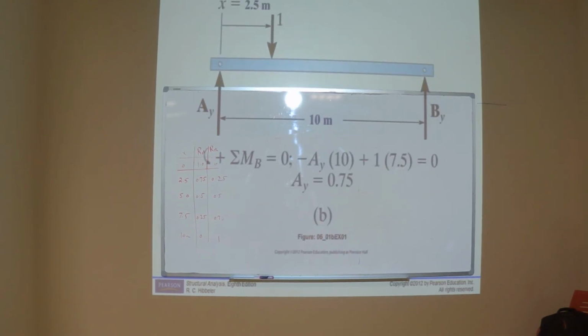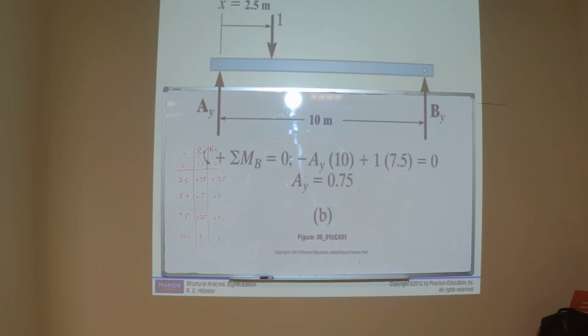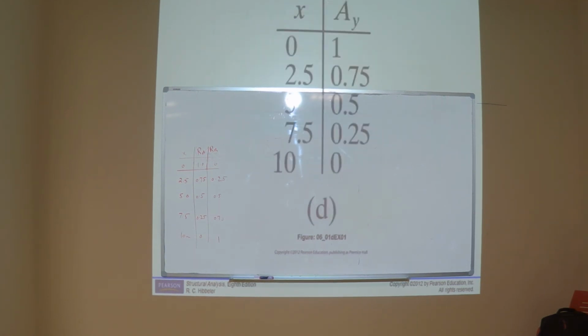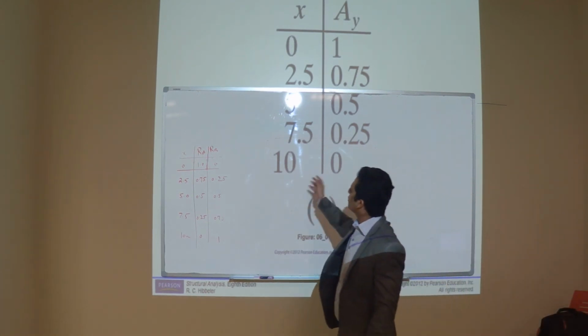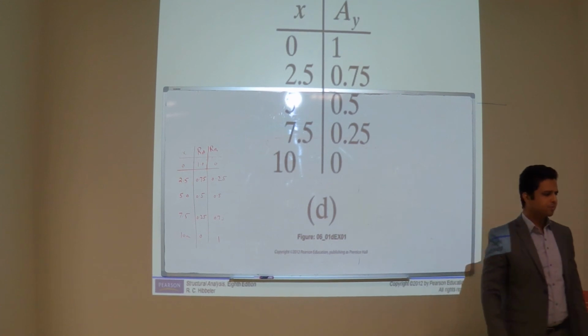Okay, this is the same thing. These slides are the same thing that I just explained to you. Same example: when x is 0, 2.5, then RA is 0.75. When x is 5, RA is half. So this is the same table, but this is for RA, not for RB.